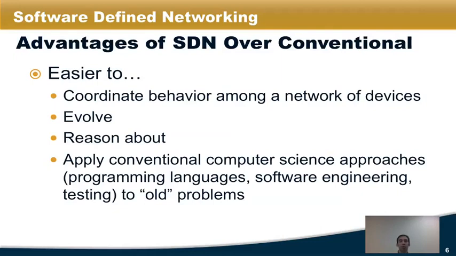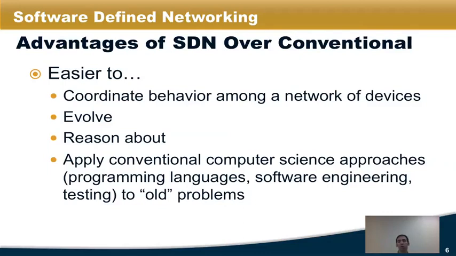For example, if you wanted to load balance traffic across a network, or make sure that your security policies didn't interfere with your load balancing policies, these types of coordination are much easier in a software-defined network than in a conventional network where the network operator has to configure and control each device independently in a low-level vendor-specific language.